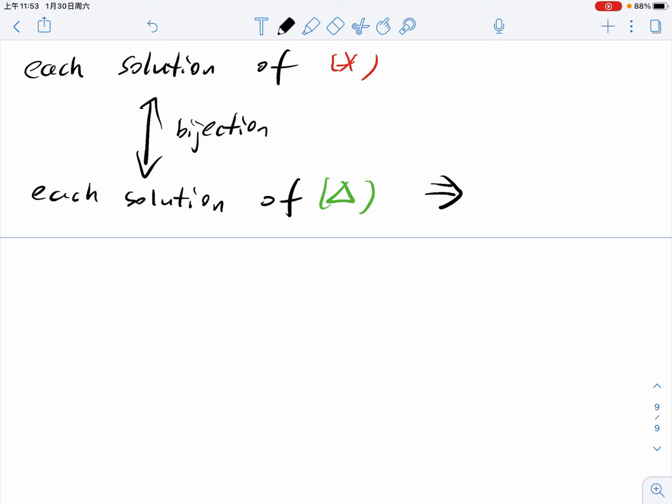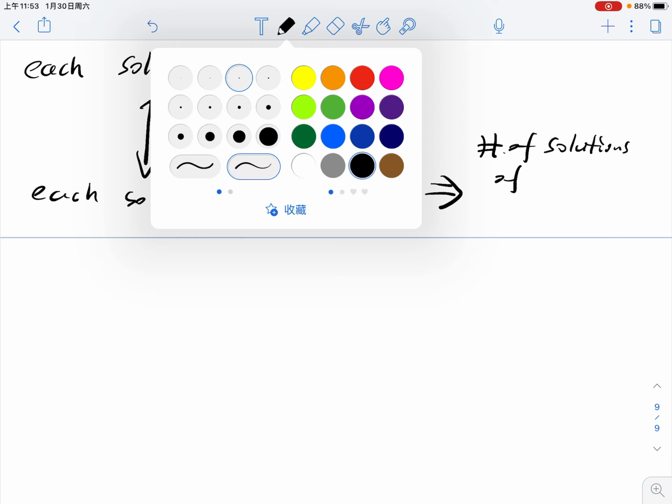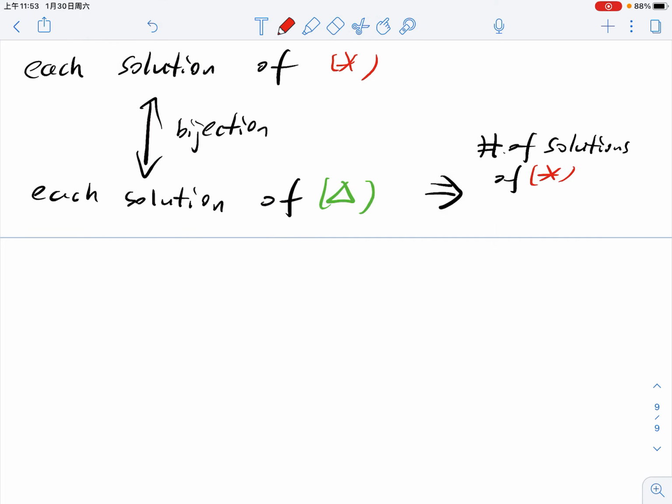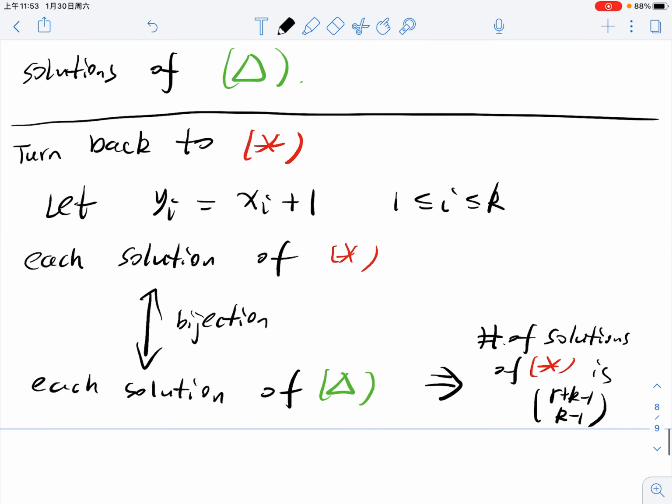and therefore the number of solutions of star is r plus k minus 1 choose k minus 1. Okay, so that's how we prove this.